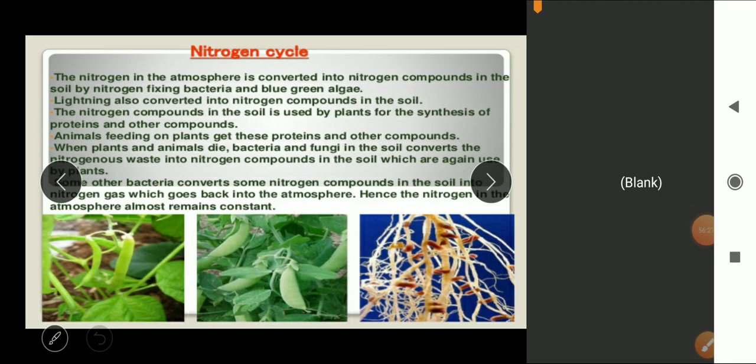So students, here we complete this second chapter, that is Microorganisms: Friends and Foe. What have we learned? We have learned that microorganisms are too small and are not visible to the unaided or naked eye. They can live in all kinds of environments, ranging from ice cold climates to hot springs, and deserts to marshy lands.